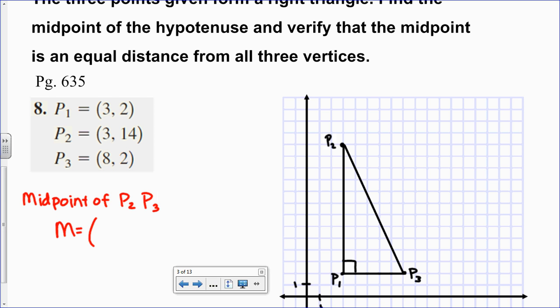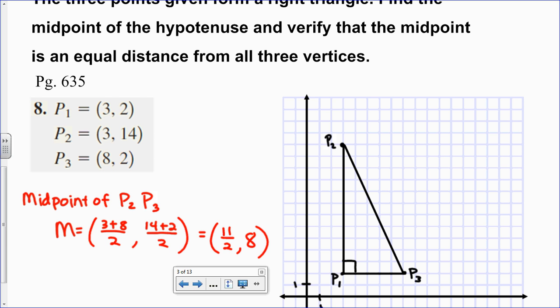So add the x-coordinates, so 3 plus 8 divided by 2, and then 14 plus 2 divided by 2. So 11 over 2, and 14 plus 2 is 16, divided by 2 is 8.